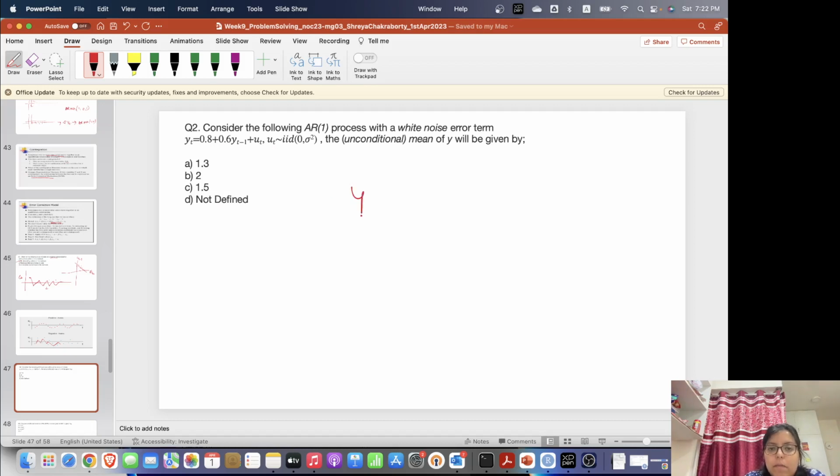If you remember, yt equal to 0.8 plus 0.6 yt minus 1 plus ut. So this is the autocorrelated term. Okay, so this is less than 1. So we can say that this is a stationary process.